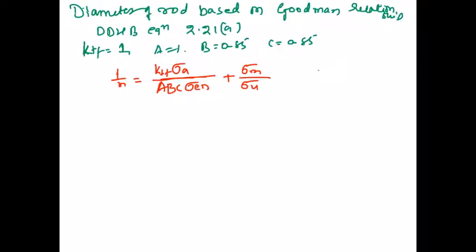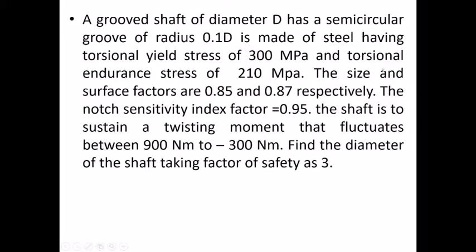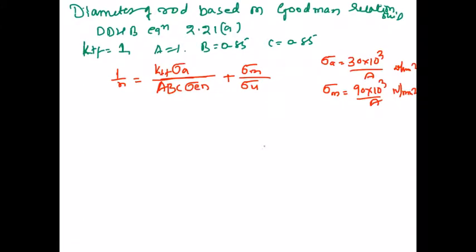Now sigma A you have calculated, it is 30 into 10 to the power of 3 divided by A. Sigma m you have already calculated, it is 90 into 10 to the power of 3 divided by A. Now sigma u is given from the data and book.